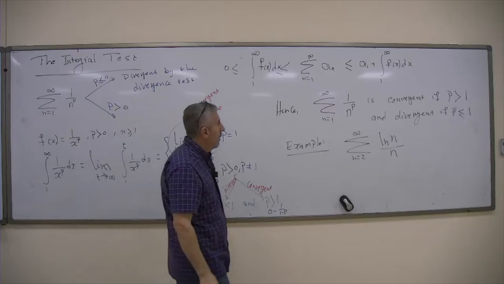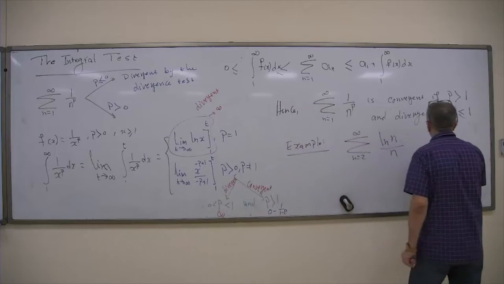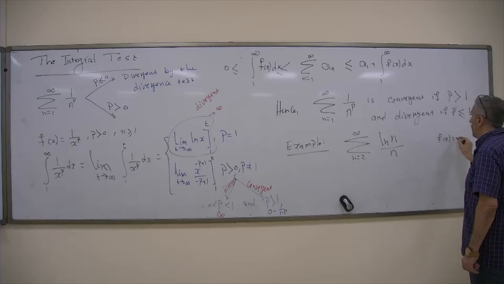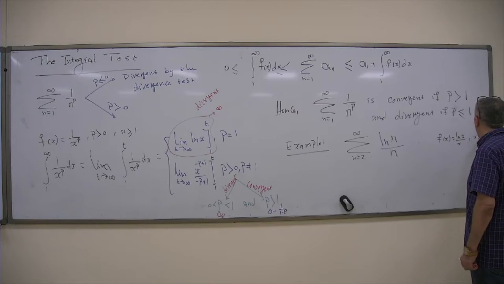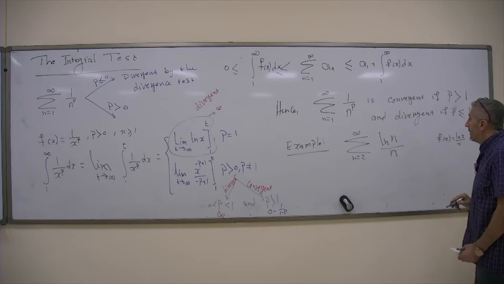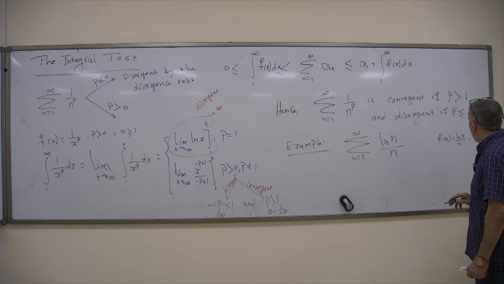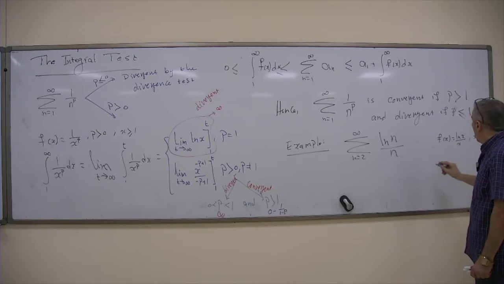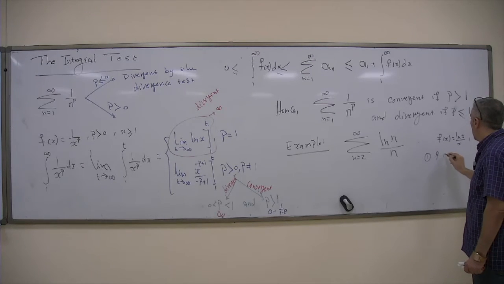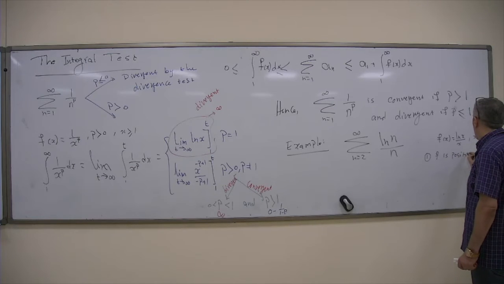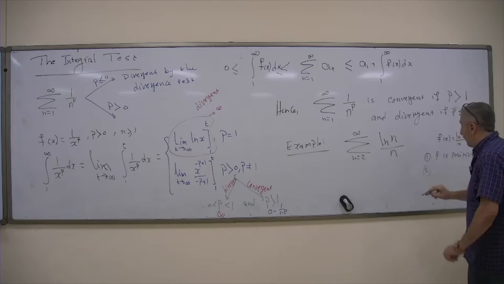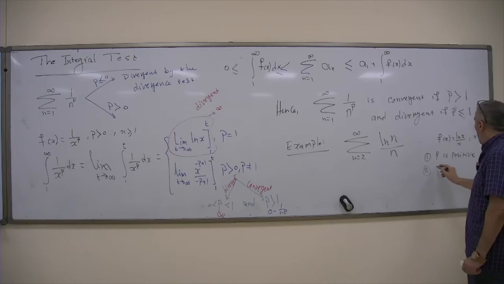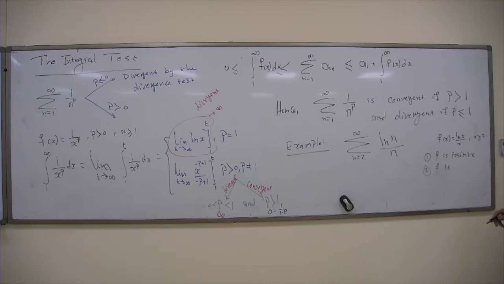Well, if we think about this function, f of x equals ln x over x, x larger than or equal to 2, and check the conditions. Well, f is positive, that's obvious. f is continuous. That is again obvious. Now, is it decreasing?